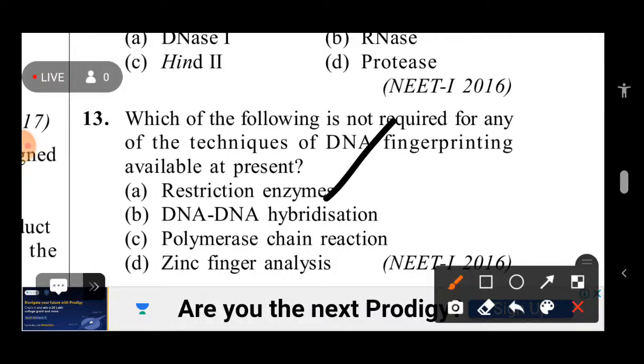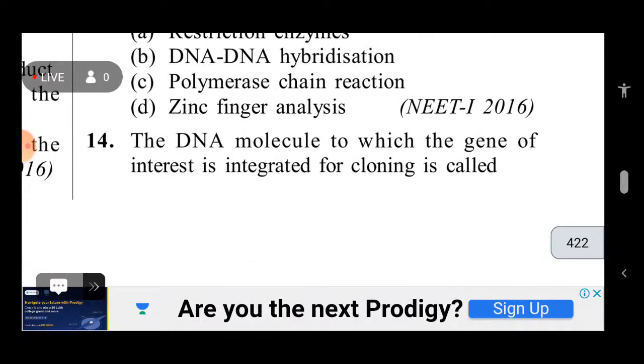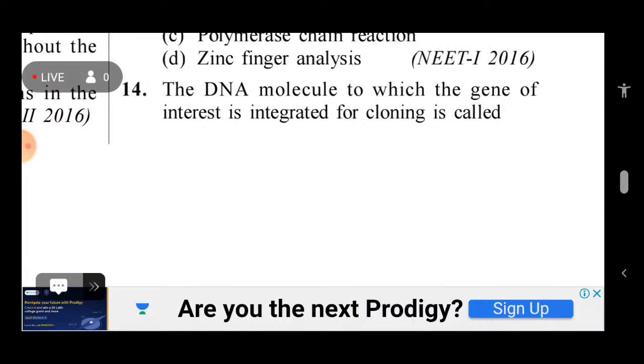Restriction enzymes are used in DNA fingerprinting, and DNA hybridization is needed. Also we want to make more copies of DNA. This process is called amplification, and it can be done by polymerase chain reaction. So A, B, C are the required processes, and zinc finger analysis is not required. So option D is the correct answer for 13th question.